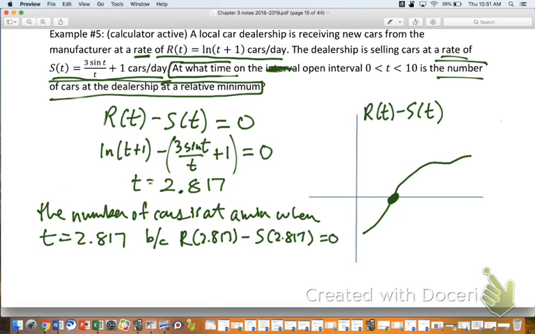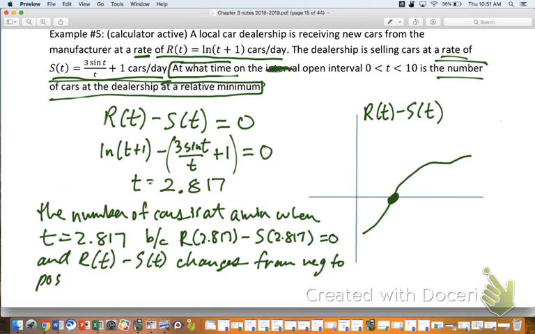That establishes that 2.817 is a critical number. And R of t minus S of t changes from what to what? Negative to positive, at t equals 2.817. That tells me the number of cars is minimized at that critical point.